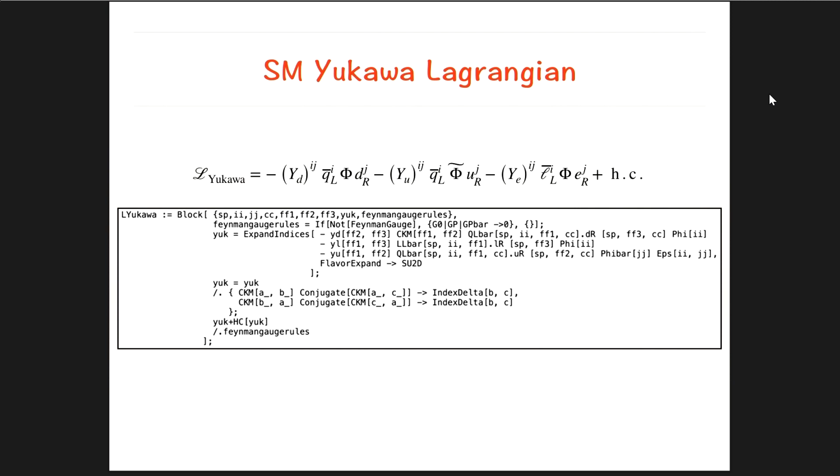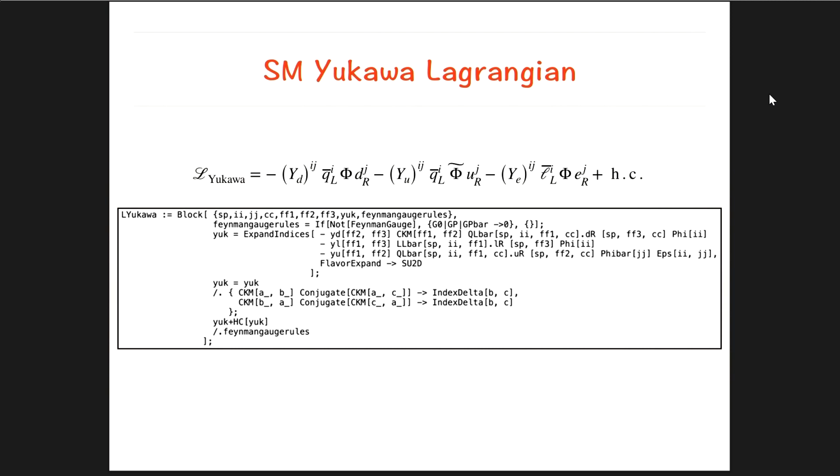If you see the corresponding Y_D, then the CKM, then Q_L bar, phi, and this d_R, and then you have the phi 2. So this is a consistent matrix multiplication, nothing more than that, which takes into account these indices ij here.